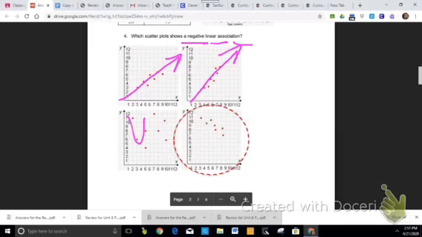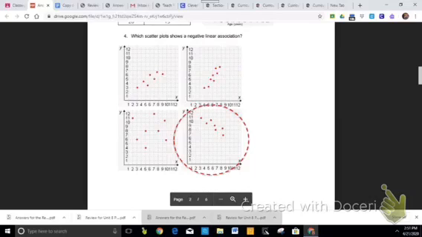Our third one, the dots are everywhere. So more or less, that's not a linear association. It might be positive, but it's definitely not linear. It's just everywhere, a no association.